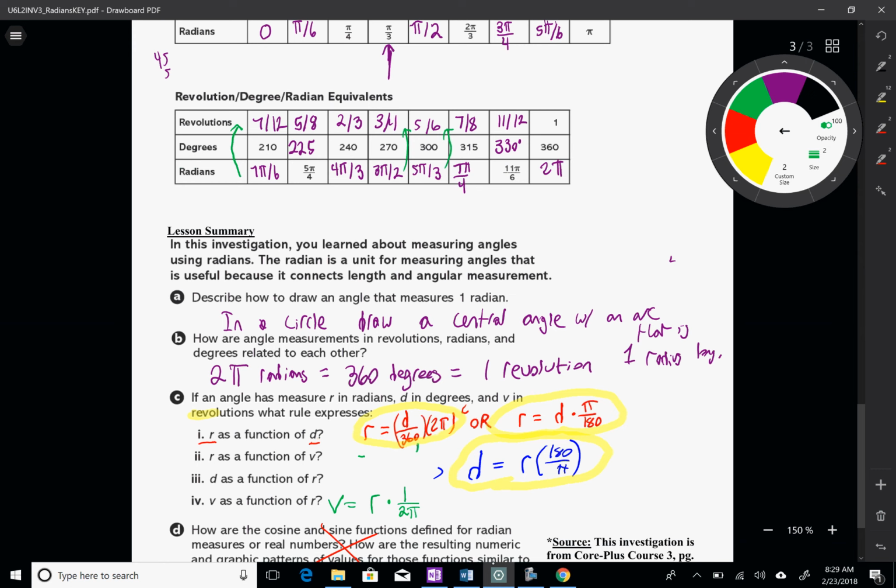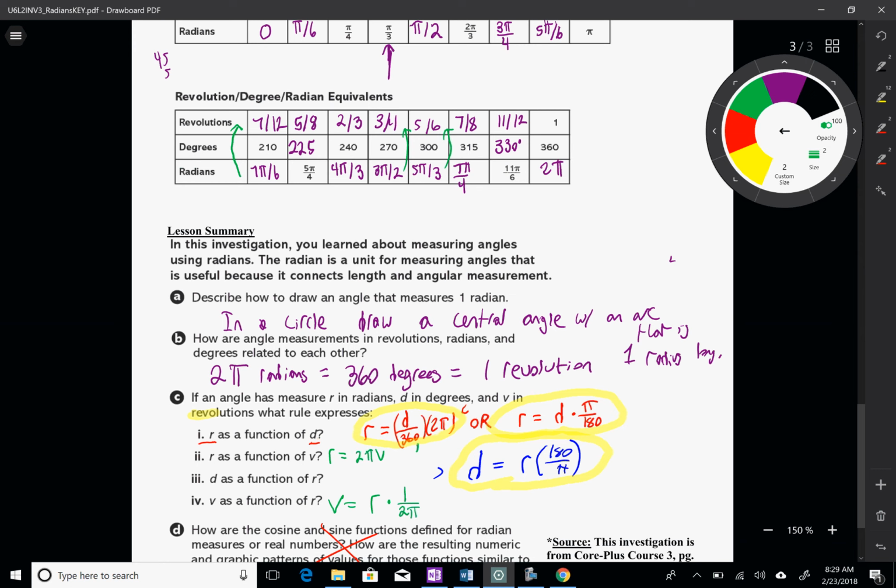So if I wanted r as a function of v, I would just solve that formula. So r would equal, multiply both sides by 2 pi over 1, r would equal 2 pi v, which is basically your circumference formula.